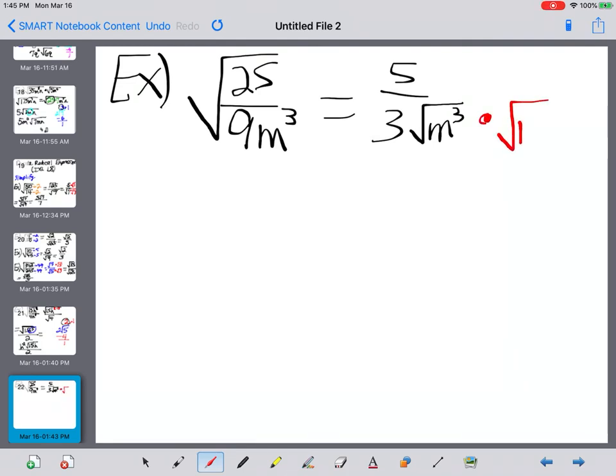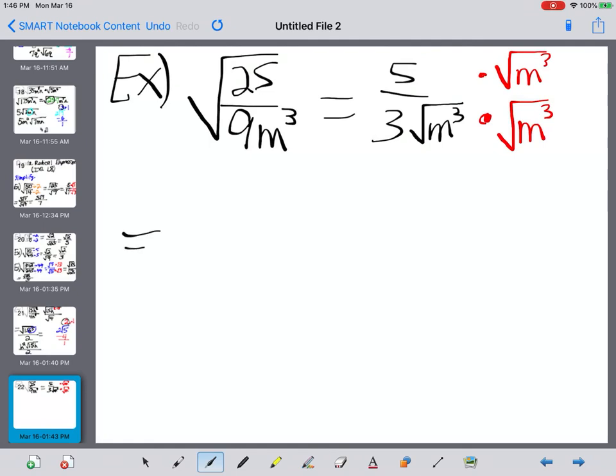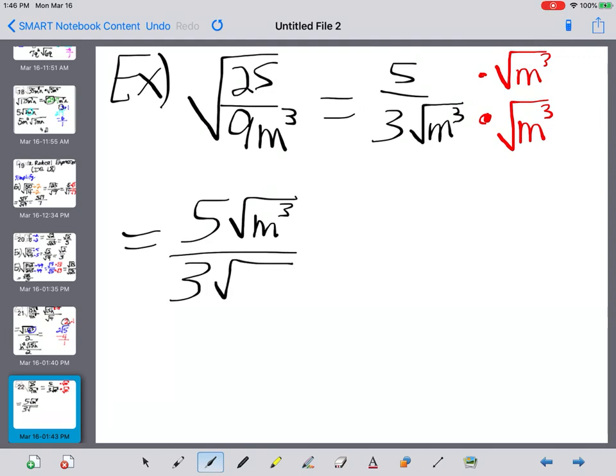So we're going to multiply by the square root of m cubed, and we're going to do that on the top and the bottom. Okay, so when I do that, I'm going to end up with, on the top, 5 times the square root of m cubed over 3 times the square root of, well, I have the same base, so I'm going to add my exponents.